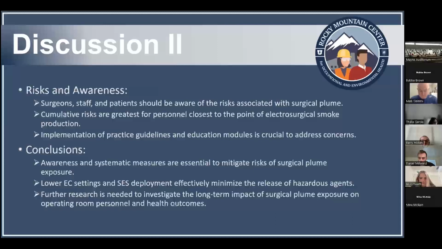And then again, making people aware of the risk of being exposed to the surgical smoke is really important, so that this can drive the cultural change towards being more careful or using smoke evacuation systems. Especially, I should say, the surgical masks are not protective.